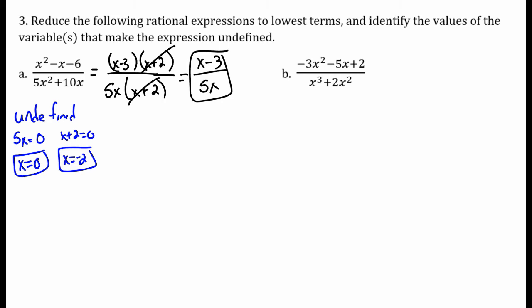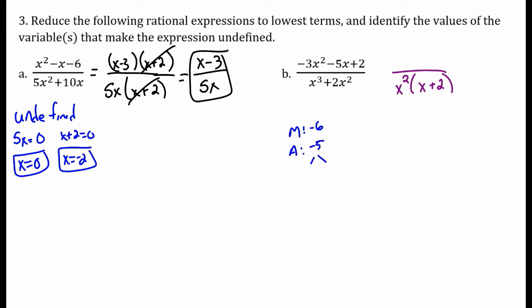Welcome back. So in B, let's see what we can do here. I want to factor as much as we can. The denominator looks easier to factor, so I'm going to start with that. I took out a GCF there. Because the top is a trinomial, I have to use that darn AC method. What multiplies to -6 and adds to -5?